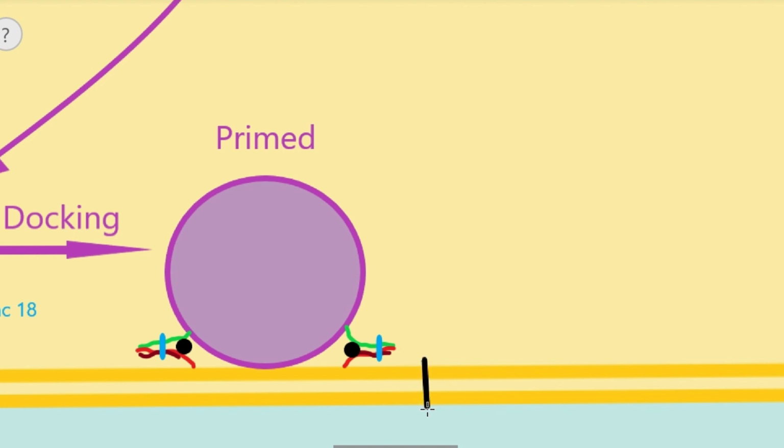So if I just draw in a little calcium channel here in our membrane, the calcium channels are located very close to where the synapses are, because calcium is very tightly regulated within cells, especially within neurons, as it is such an important messenger molecule.